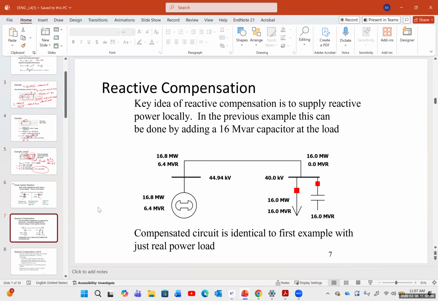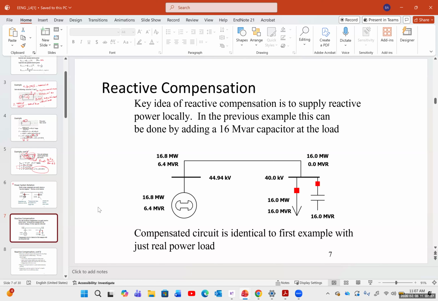As mentioned in the previous class, because the transmission lines act like an inductor, we have a lagging power factor on them. Therefore, in the load, we usually add a capacitor or capacitive bank as a leading power factor to compensate for the lagging power factor.